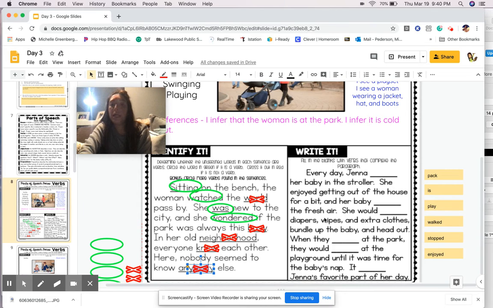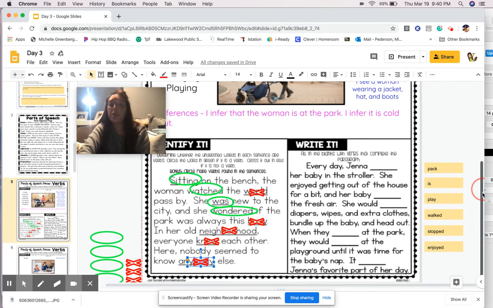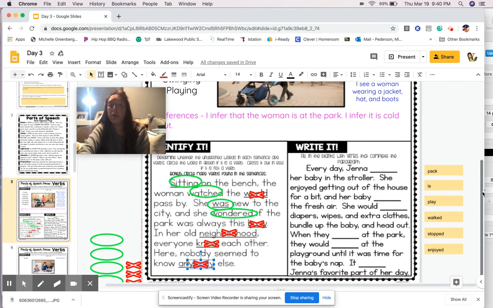She would blank diapers, wipes, and extra clothes, bundle up the baby, and head out. When they blank at the park, they would blank at the playground until it was time for the baby's nap. It blank Jenna's favorite part of her day. All right, so then I have pack, is, play, walked, stopped, enjoyed.